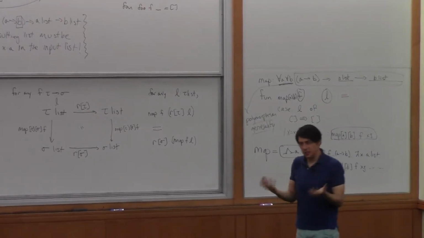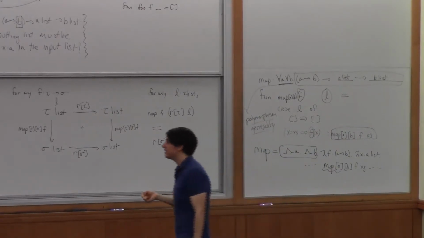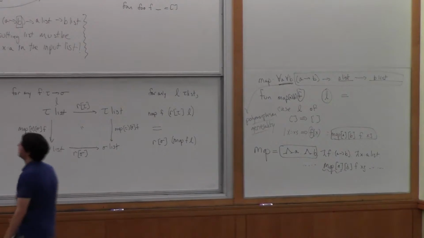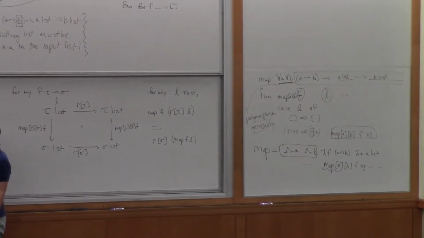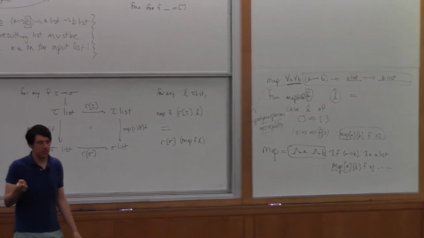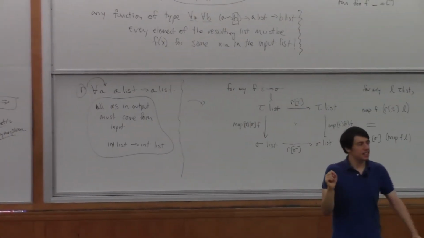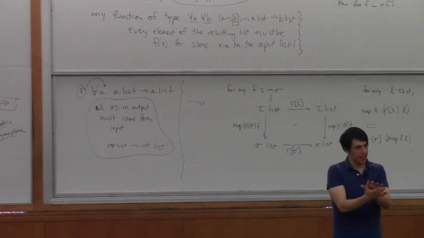And why does that intuitively make sense? It's because of this idea that R is really the same code at different types. If you rearrange an int list, the rearrangement you apply is the same rearrangement as if you had rearranged a string list after transforming it into strings.